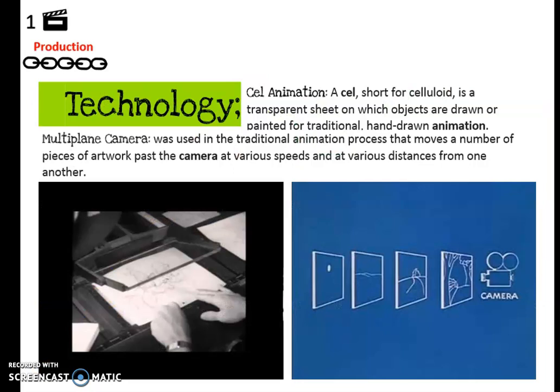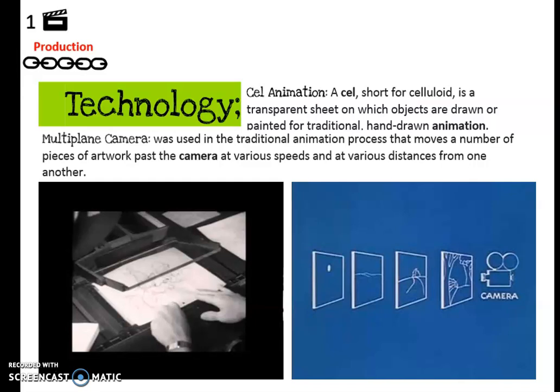Okay, so cel animation was the way in which film and animation was made at this time. So cel, C-E-L, was short for celluloid, and that being a transparent sheet on which the objects were drawn or painted, and this forms the basis of hand-drawn animation. Now, Disney, by this point, is releasing The Jungle Book, and this is its 19th animated classic film.